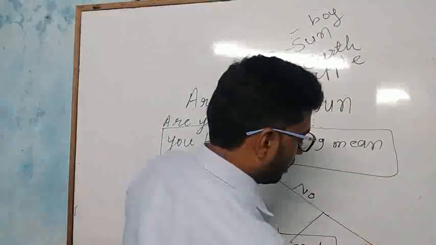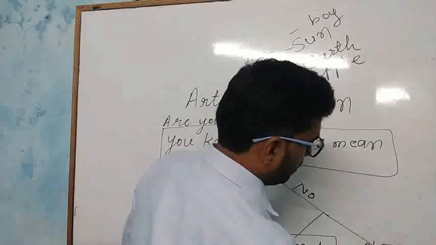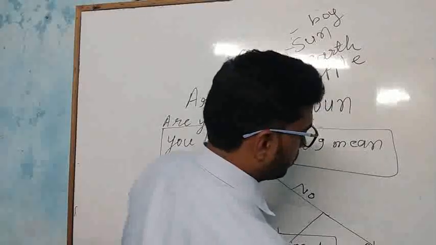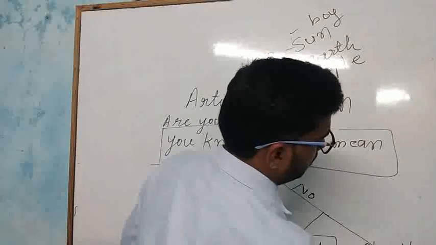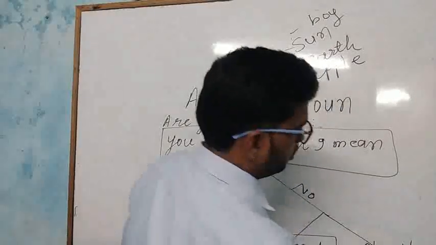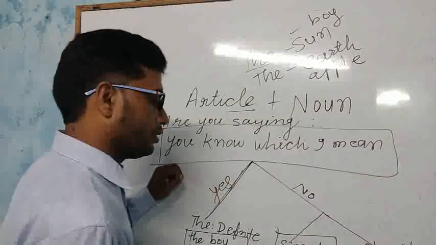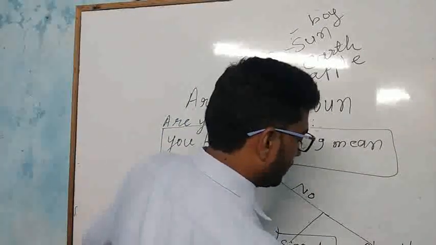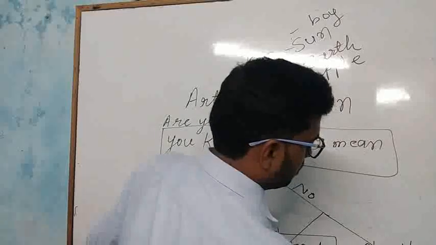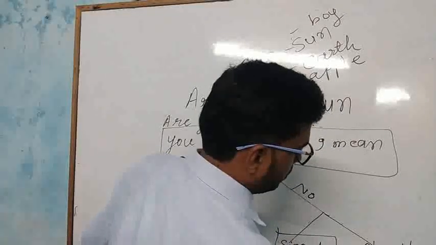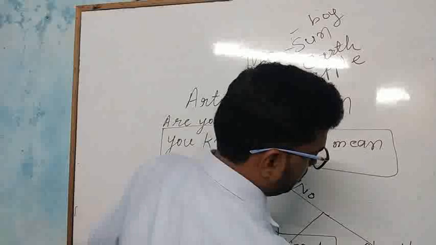And with the plural, if the speaker asks about a plural or uncountable noun that is not known to both persons, only one knows about it, then we will say boys or milk.